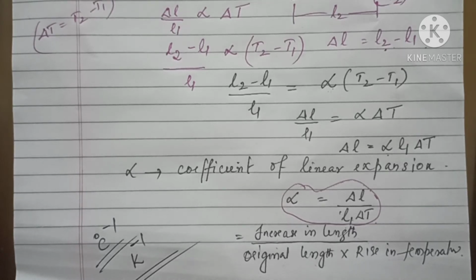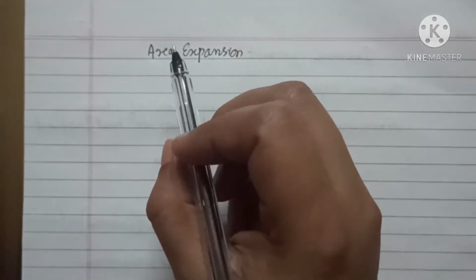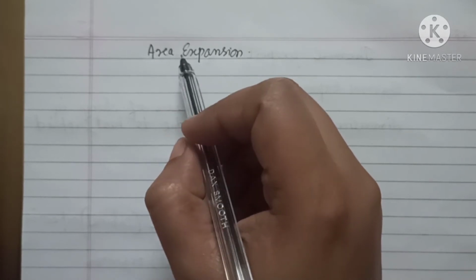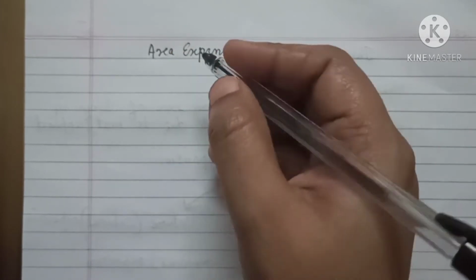Now we will move to the second type, that is area expansion. Okay. So the second one is area expansion. So instead of length we are specifying area here. So how can you define this?